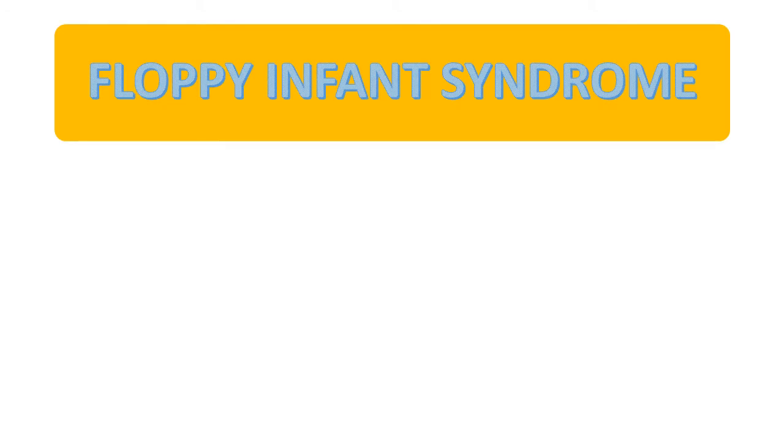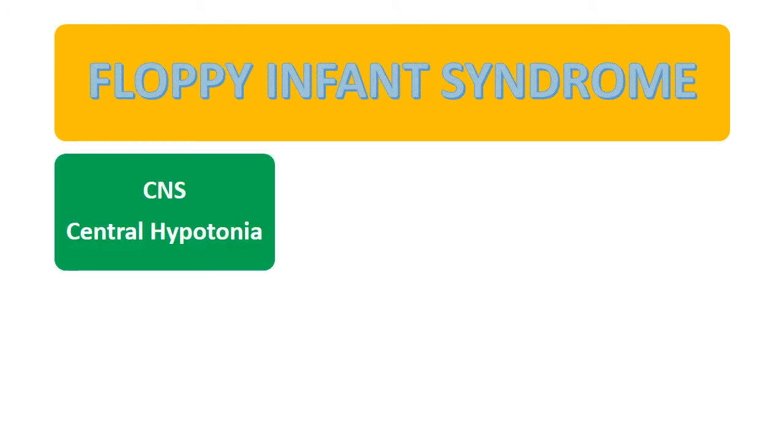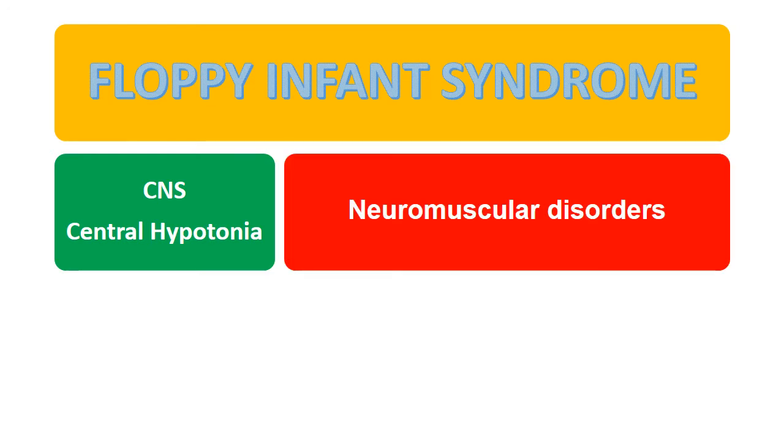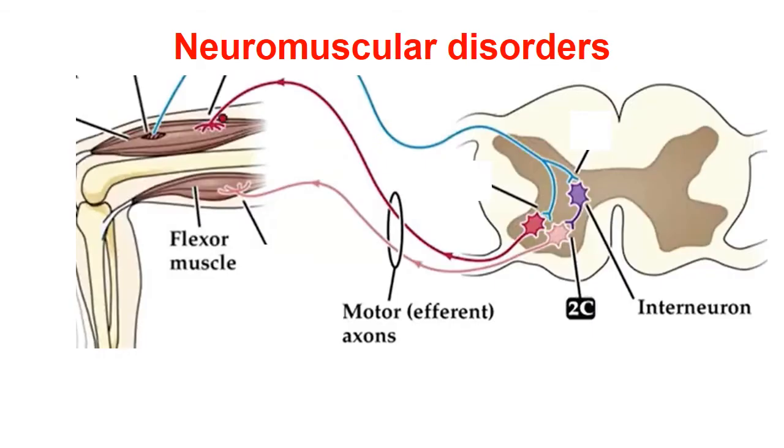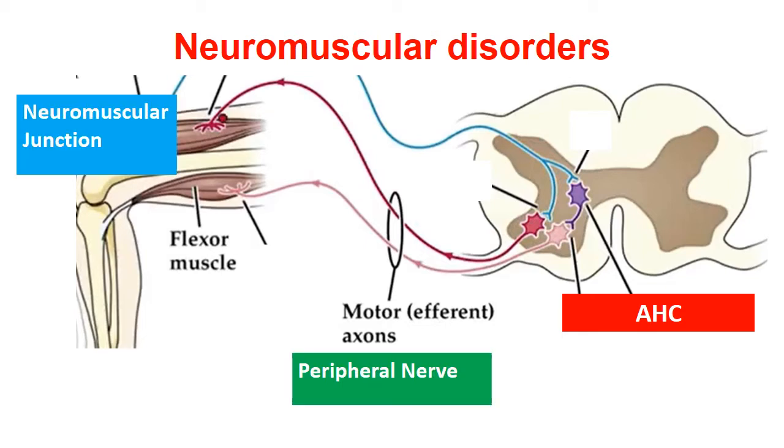So floppy infant syndrome could be due to a CNS cause, that is central hypotonia, or due to neuromuscular disorder. CNS, it could be either a brain or spinal cord lesion, and neuromuscular disorder is a lesion in the anterior horn cell, in the peripheral nerve, in the neuromuscular junction, or in the muscle.